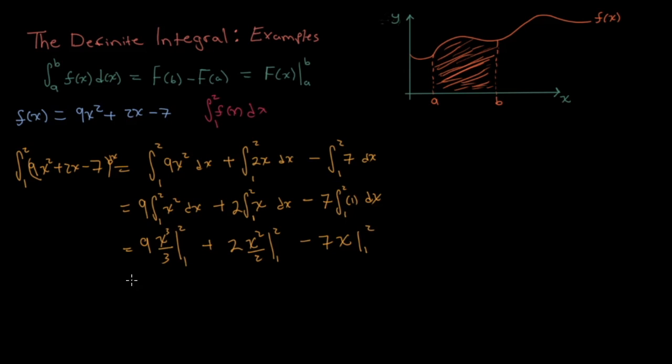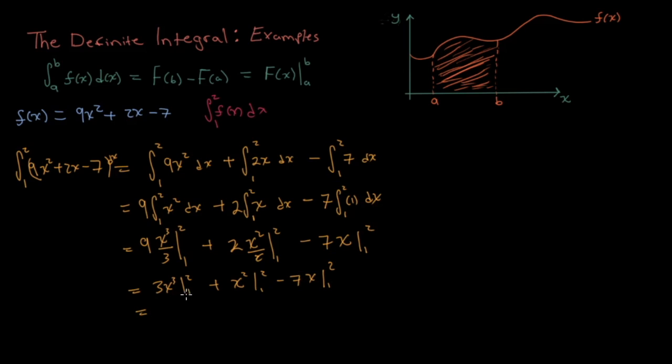And then we can go ahead and further simplify this. So this would be the same as 3x cubed from 1 to 2, plus, these 2's cancel out, x squared from 1 to 2, minus 7x from the interval 1 to 2.